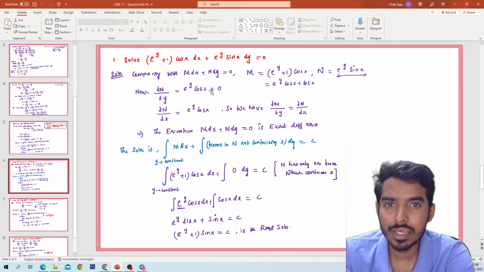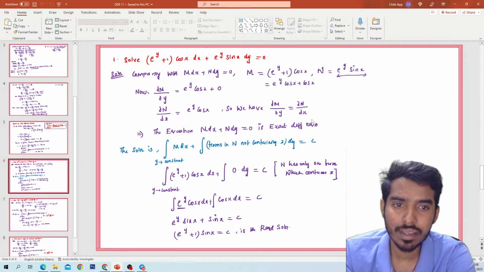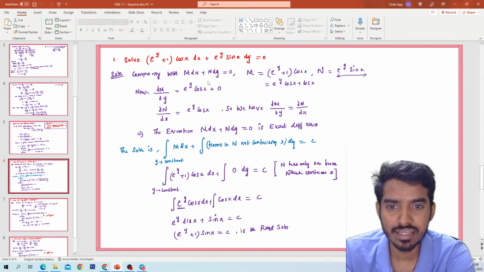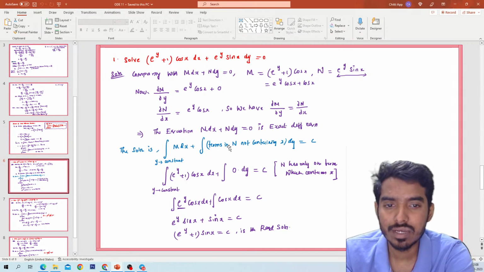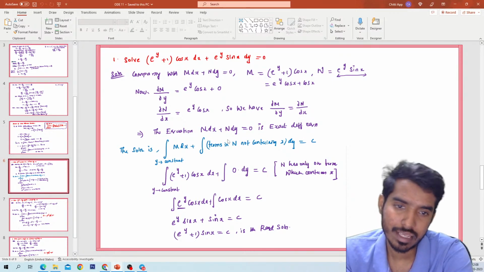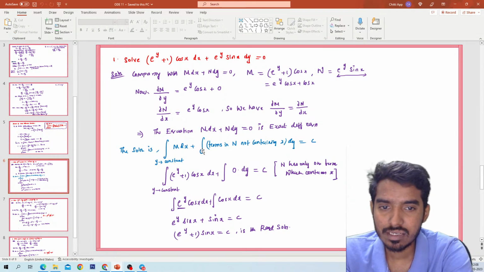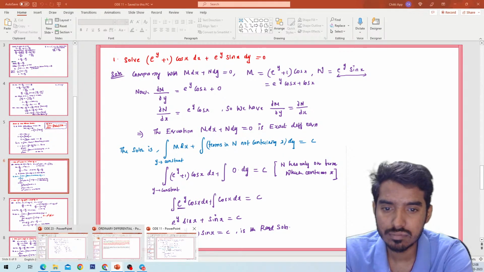Then we say it is an exact differential equation. Solution is integration of m dx plus integration of terms in n not containing x dy is equal to c, right? This is the solution, right? So again you can see it is also exact because dou n by dou x is equal to dou m by dou y.